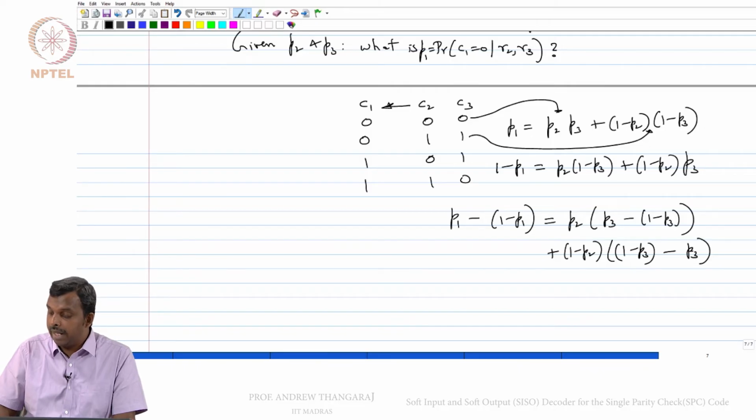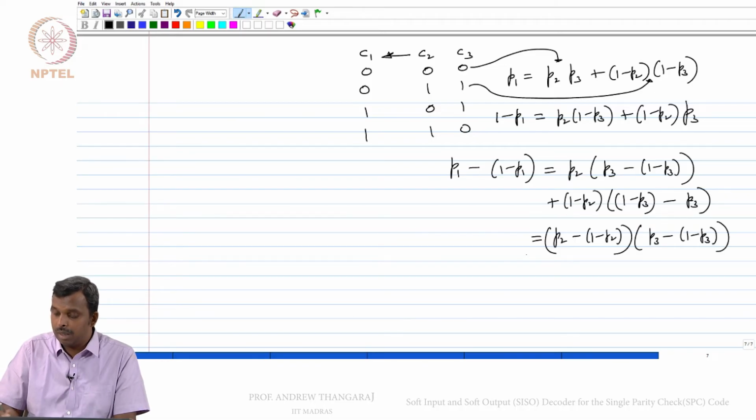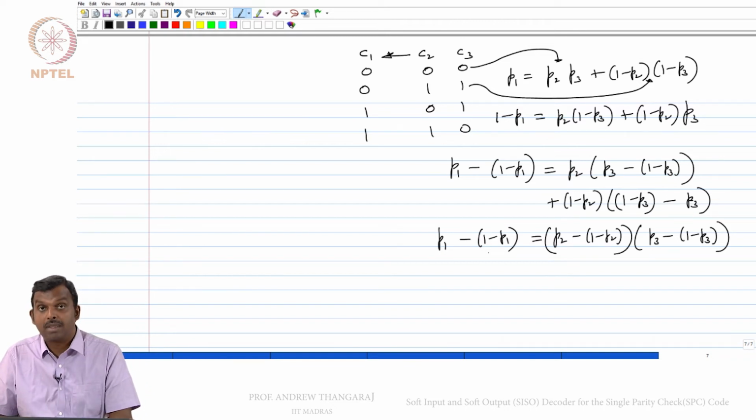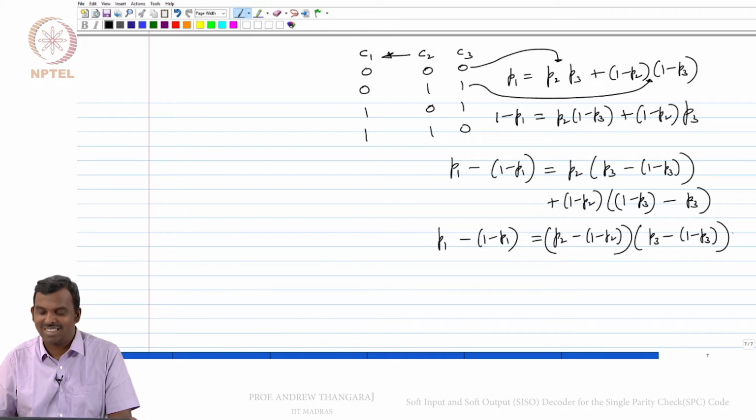You can take things common here and you will get P2 minus 1 minus P2 times P3 minus 1 minus P3. It is a simple little observation, but this will help us simplify a lot of things. P1 minus 1 minus P1 equals P2 minus 1 minus P2 times P3 minus 1 minus P3. Sounds simple enough, but it's nice to do.